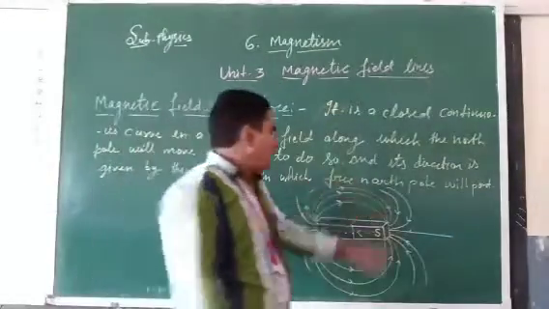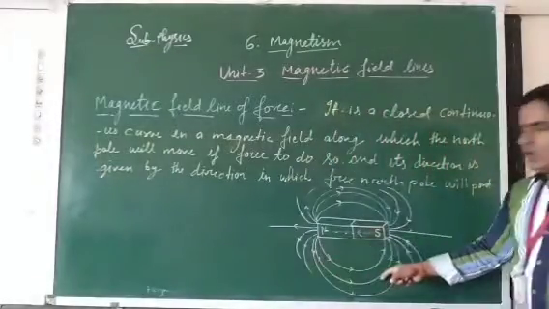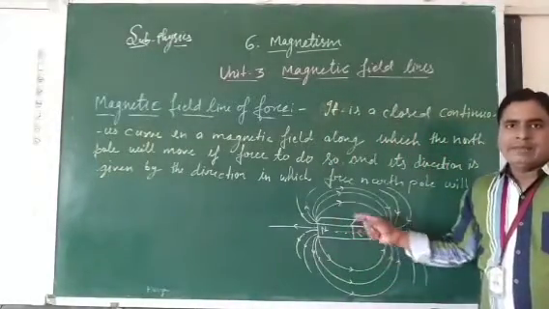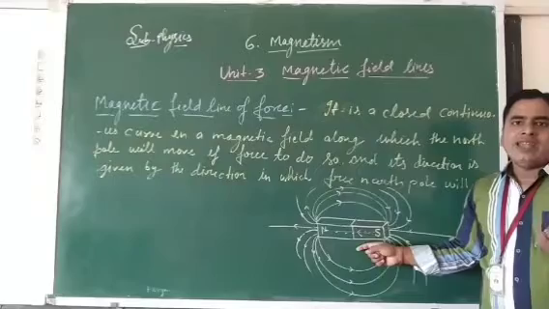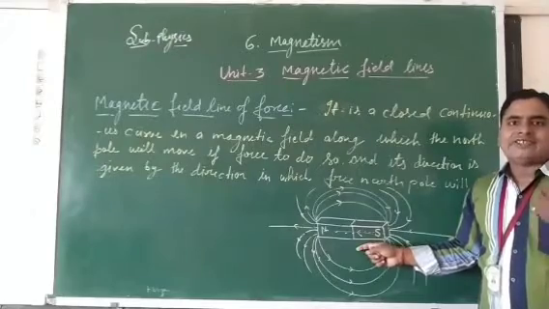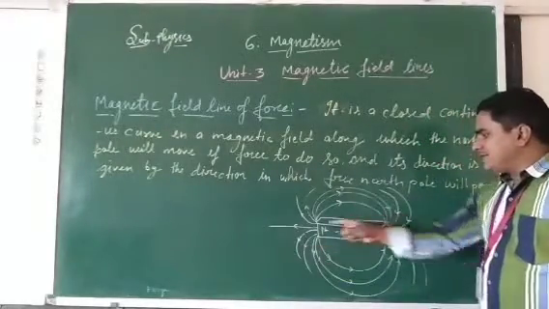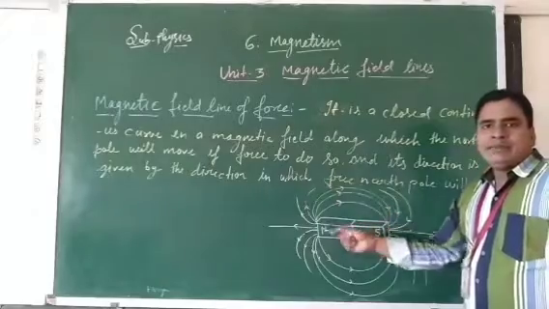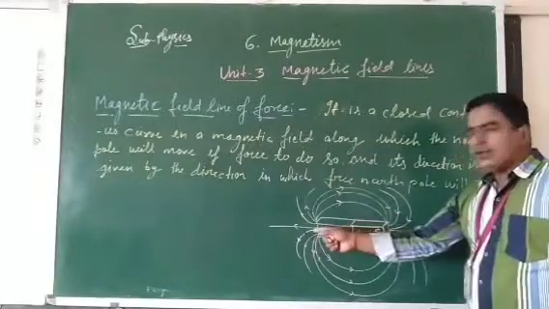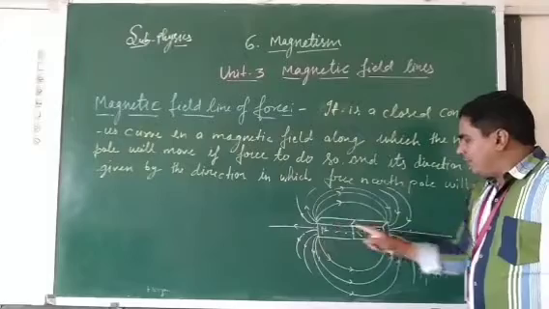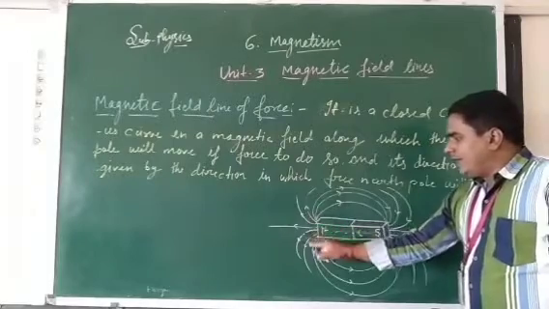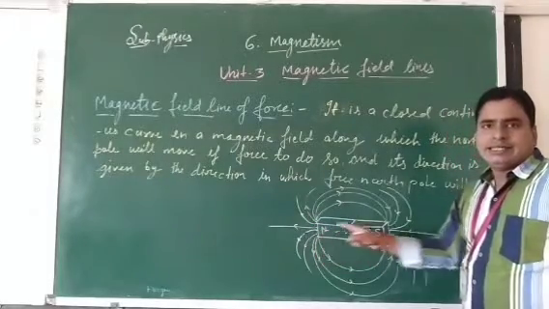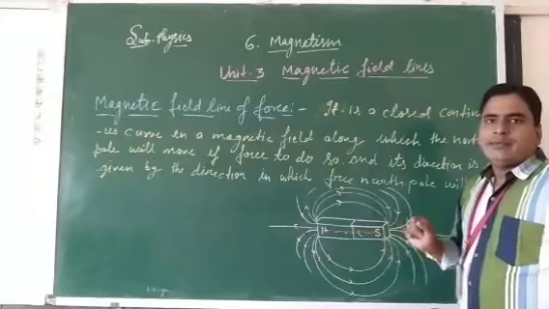Means how many magnetic field lines are represented by a bar magnet determines its strength. The maximum number of lines are present at the poles, so its strength is maximum at the poles. See here at the ends of the bar magnet the field lines are maximum, means dense. So its strength is maximum here.